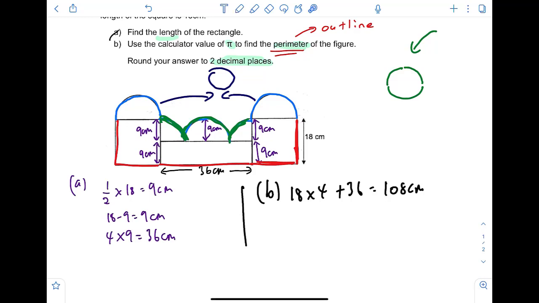So essentially you have two full circumferences for the curved parts. One circumference is pi times diameter. That will be pi times the diameter of this semicircle, which is 18. Same thing for this quarter circle. The radius is 9, which means the diameter is 18.